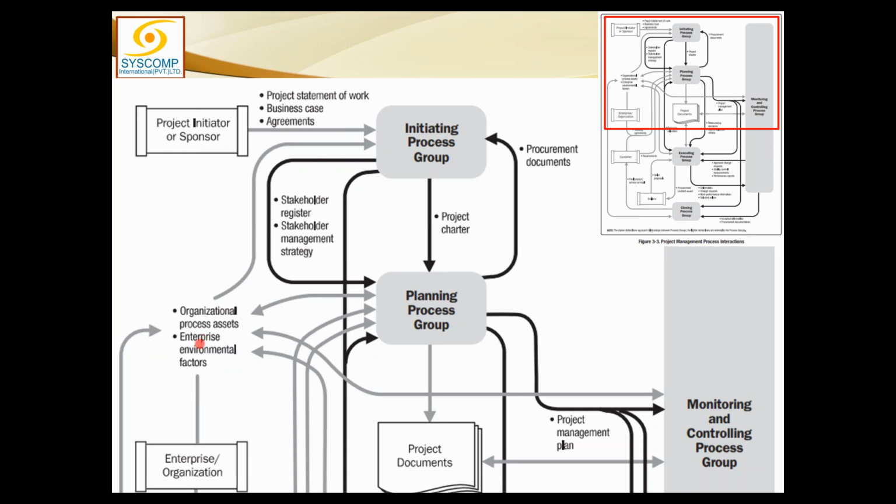These are the 5 items which are input to the charter, and the output from the process is the charter. And that charter would get into the identify stakeholders process, and naturally enterprise environmental factors and organizational process assets will also be input to the stakeholder identification, and the output would be the stakeholder register and management strategy. So these things are coming to the planning.